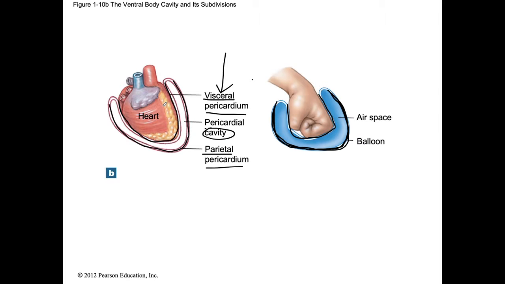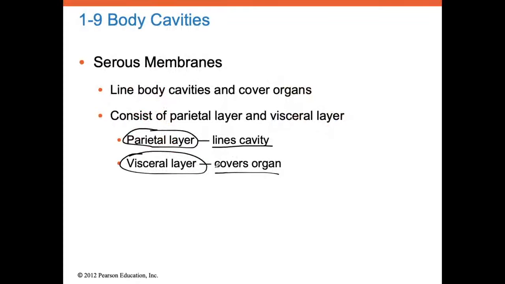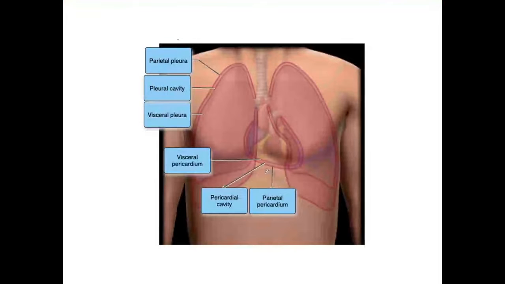Now, if it was lungs, all we're doing is changing pericardium to pleura. Visceral pleura, parietal pleura. If it's where the small intestines and stomach are, we just call it the visceral peritoneum and parietal peritoneum. Okay, just keep that in mind. So again, parietal is going to line the cavity, whereas visceral is going to cover the organ.